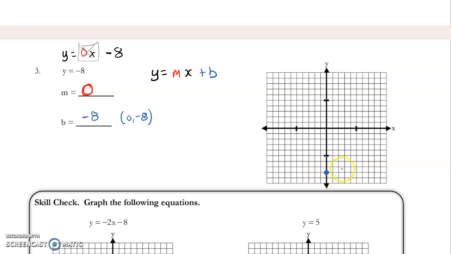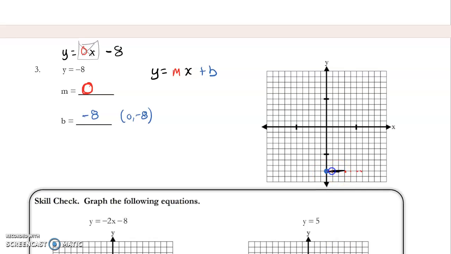Rise is none, run is infinite. All of these, my horizontal line, that's the line representing y equals -8.